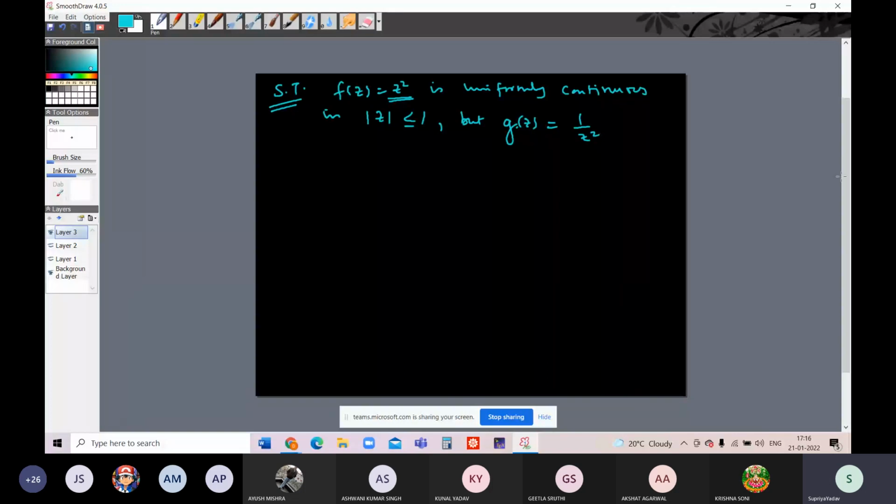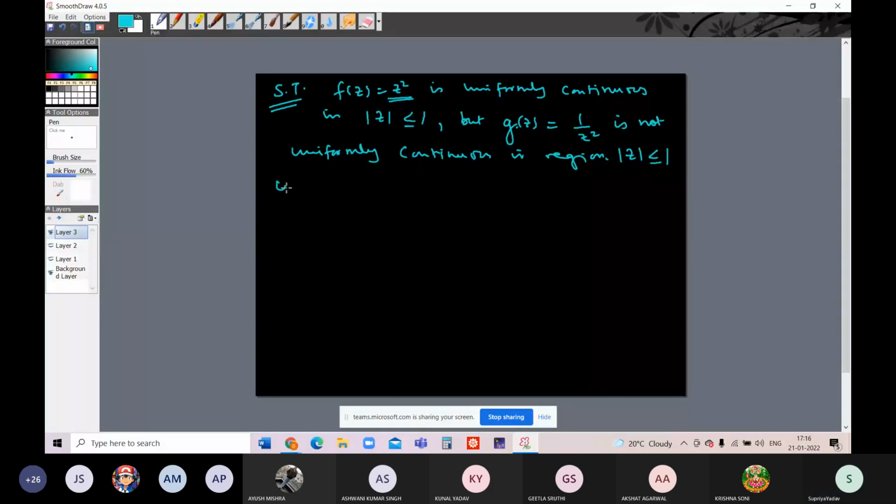This function is not uniformly continuous in region mod z less than or equal to 1. This function is not continuous in this region. Okay. तो यूनिफॉर्मली कंटिन्यूअस है, ये हमें शो करना है.